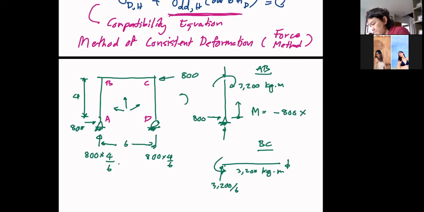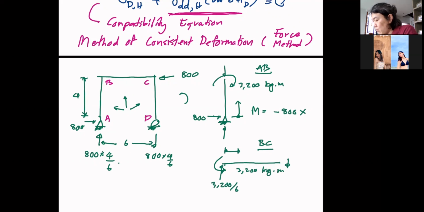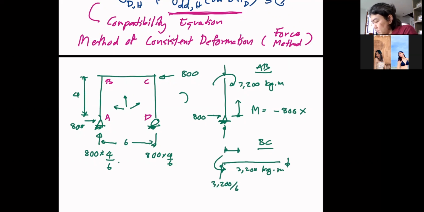If you write from left to right, as usual, your moment equation is going to be minus 3200 plus 3200 over 6 multiplied by x, right?